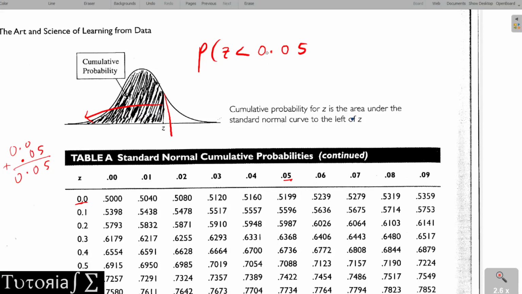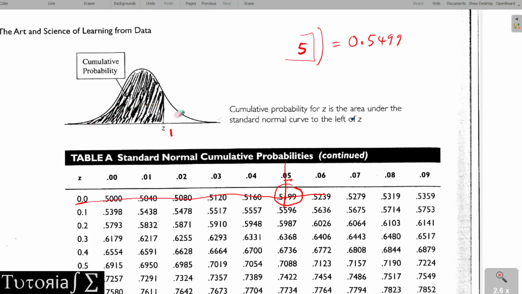Okay, so 0.05. You look for 0.0, which is the first two numbers. Then you also look for the 0.05. So 5 is here. So along this straight line, so 0.0 and 0.05, they are meeting here. So meaning that that will be your probability, which is 0.5199.